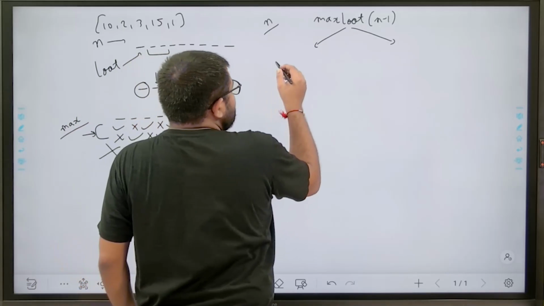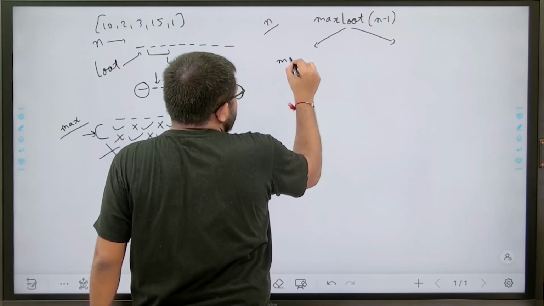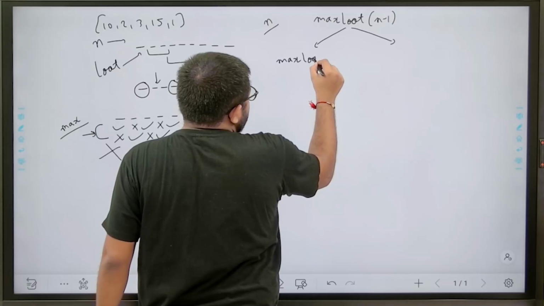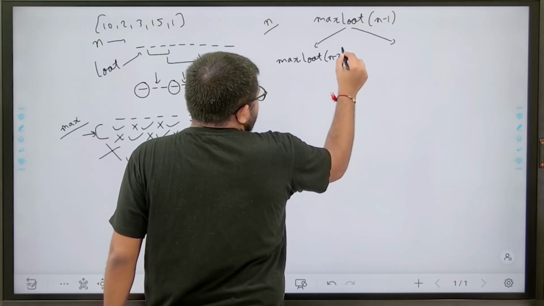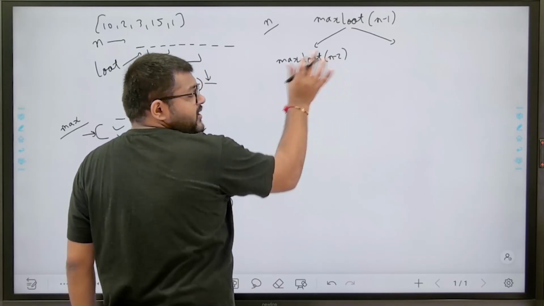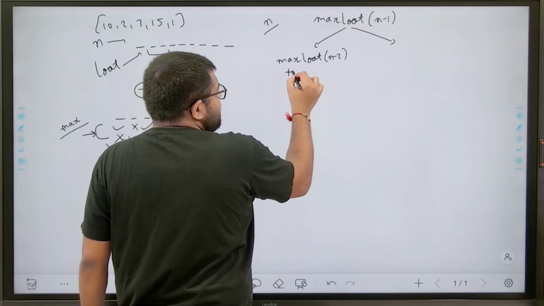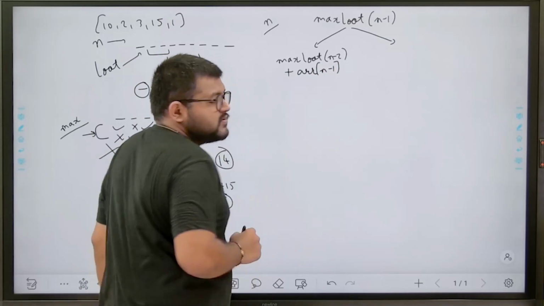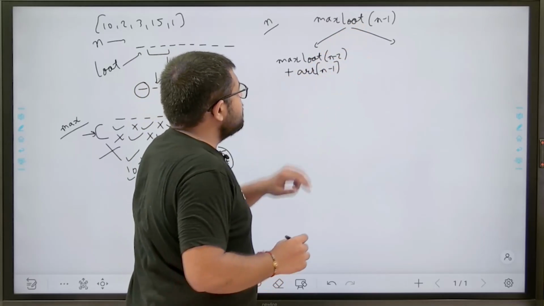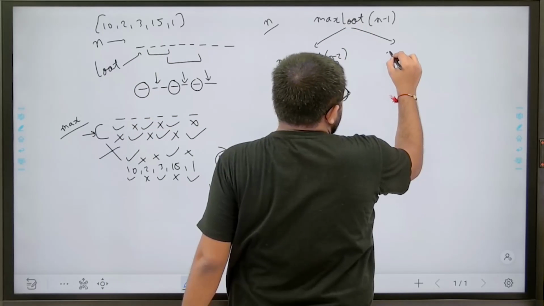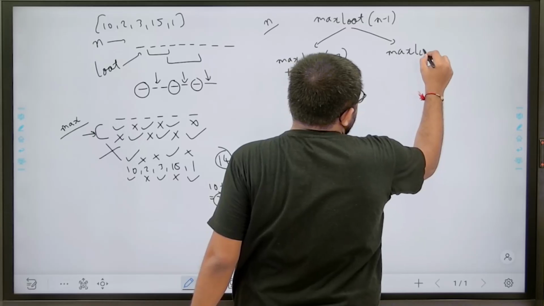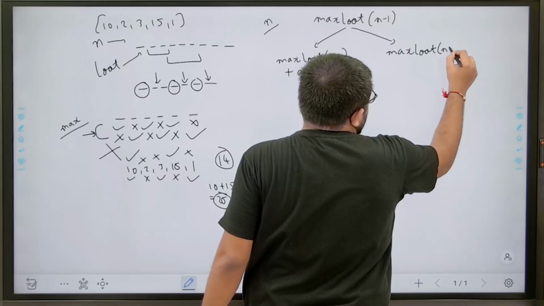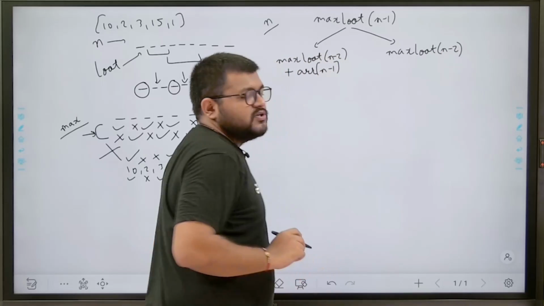In case I loot it, my answer would be max loot among the first n minus 2 houses, from index 0 to index n minus 2, plus the amount of money I get from the last house. Or if I do not loot the last house, then it would be the maximum loot possible out of index 0 till index n minus 2.